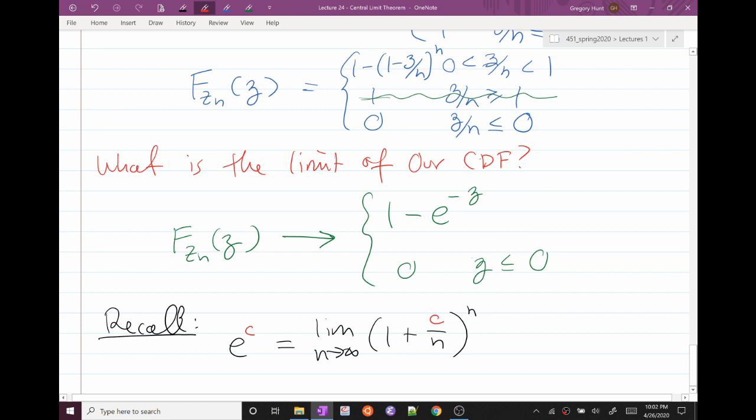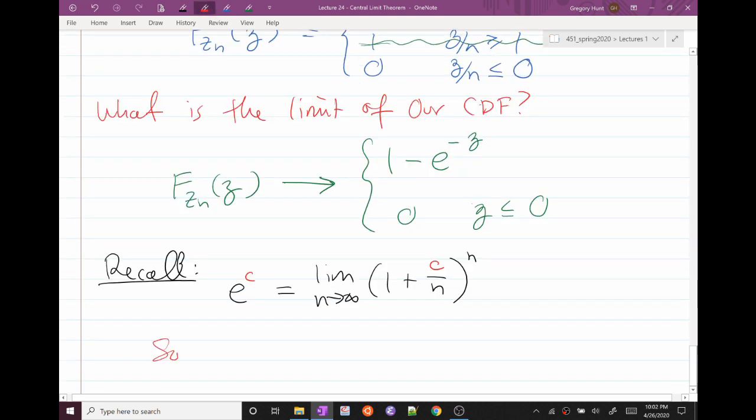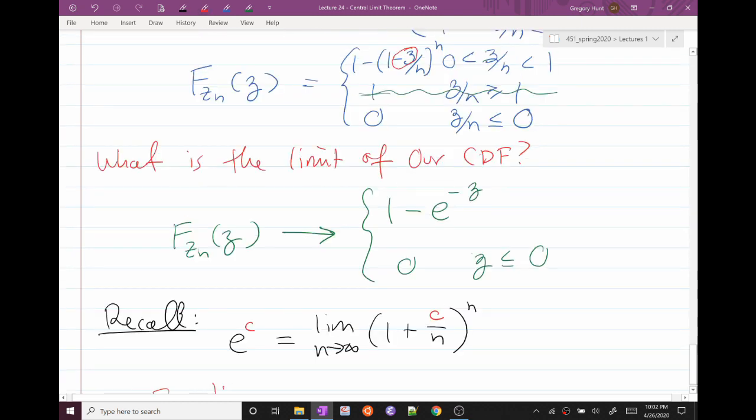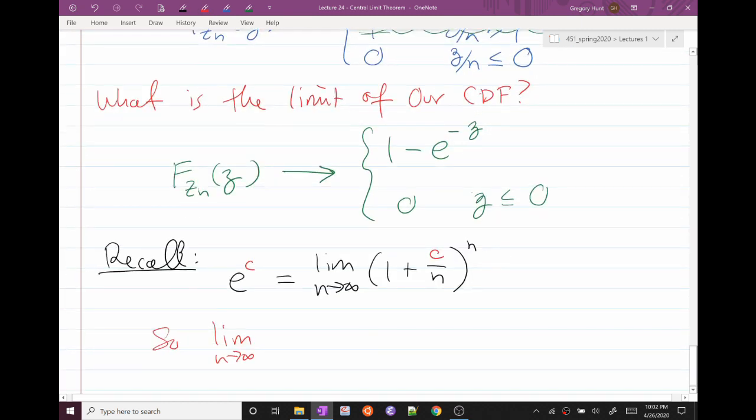In this case, our c is negative z. So the limit as n goes to infinity of 1 minus z over n, to the n, is equal to e to the negative z. So this is what we get for our CDF.